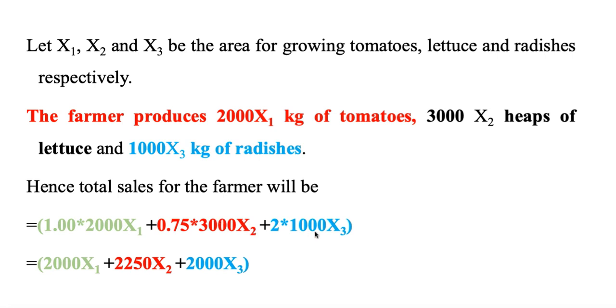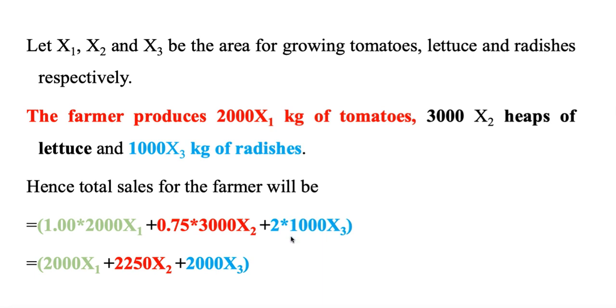Similarly, for the last one, radish, we have x3 acres of land under cultivation for radish, and the per acre output is 1000 kgs of radish, and the per kg price of radish is 2000.